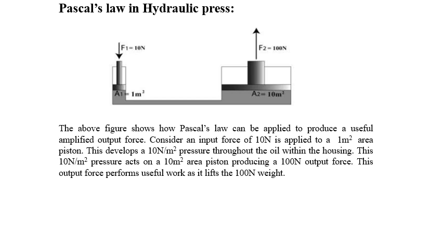It develops a pressure of 10 Newton per meter square when the force is applied on the piston. P equal to F by A. F is 10 Newton divided by 1 meter square. So pressure equal to 10 Newton per meter square.